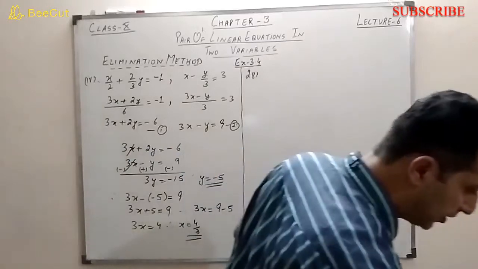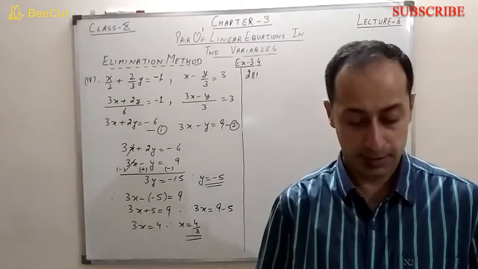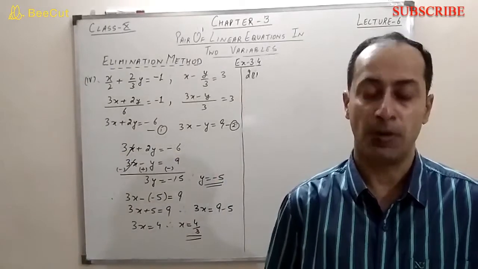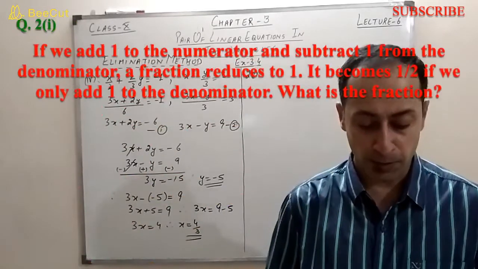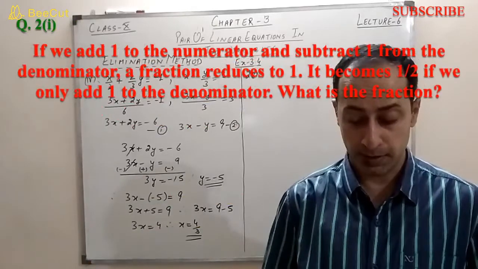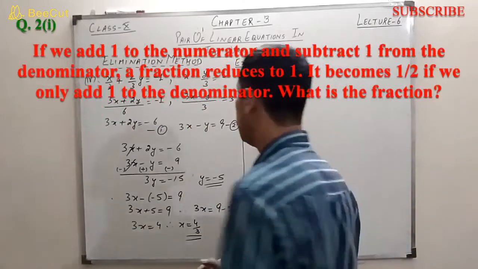Now in the second question's first part it is given, if we add 1 to the numerator and subtract 1 from the denominator, a fraction reduces to 1. It becomes 1 by 2 if we only add 1 to the denominator. What is the fraction? So the first step is to find the fraction.